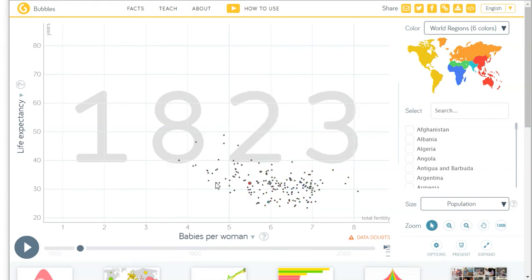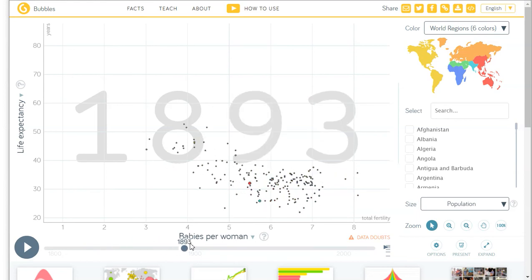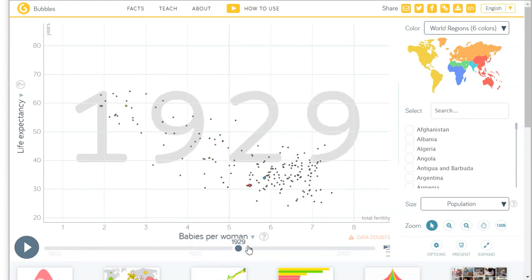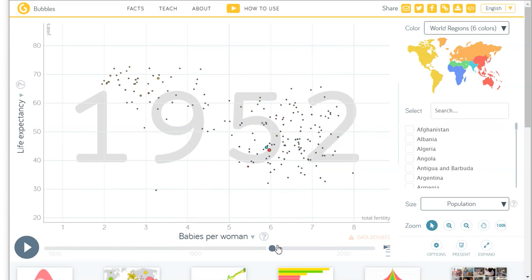And notice how life expectancy back in 1800 was basically under 40 across the planet, and it looks like the average number of babies is between 5 and 7, which seems kind of crazy. And watch what's going to happen. All of the dots are moving over to the left this time. Usually they've been moving to the right.